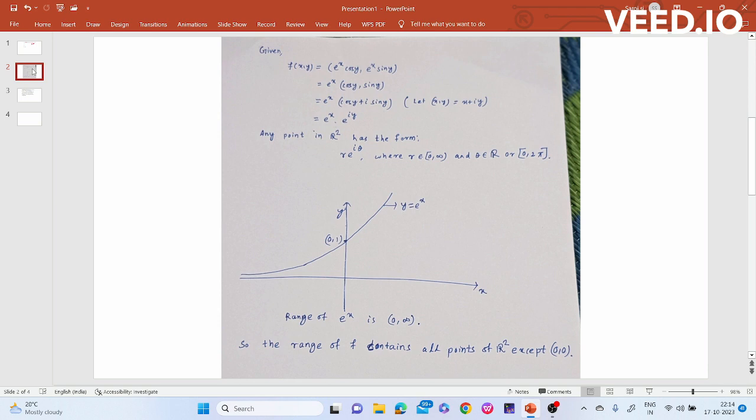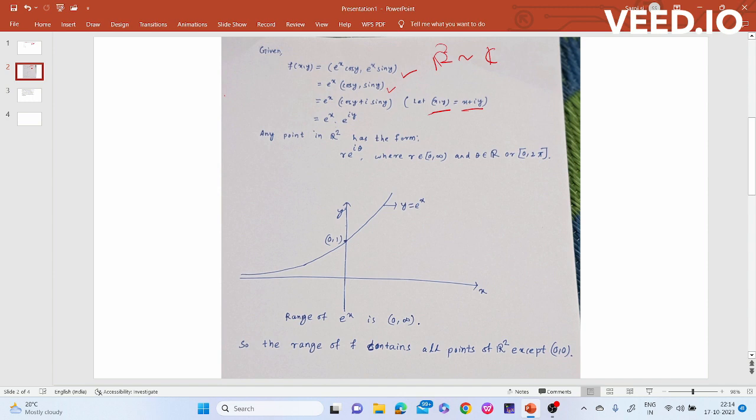In this solution, f of x is defined in this way: f of x equal to e to the power x times cos y and e to the power x times sin y. If we take common e to the power x outside, then it will take this form. And we know that R square plane is equivalent to the complex plane C. Means every ordered pair xy we can represent in terms of x plus iy.